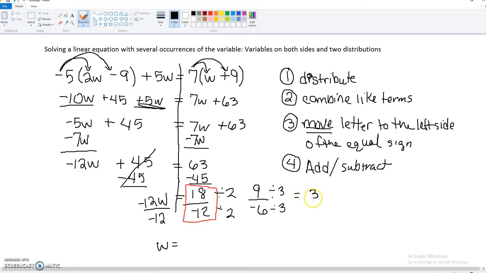So now we've got 3 over a negative 2. Now, of course, if you are awake enough and could have seen that you could take a 6 out, then you could have taken the 6 out first. I am running on empty, so I didn't see that right away, and so I ended up reducing twice. And so our final answer here that Alex is going to want is a negative 3 over 2.